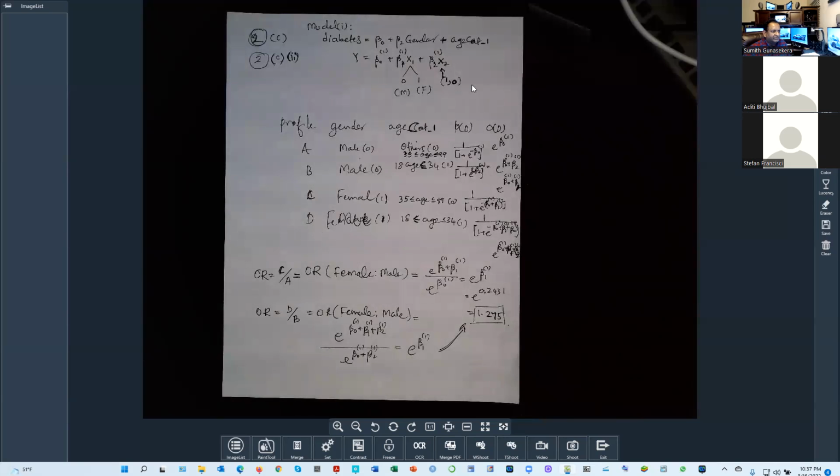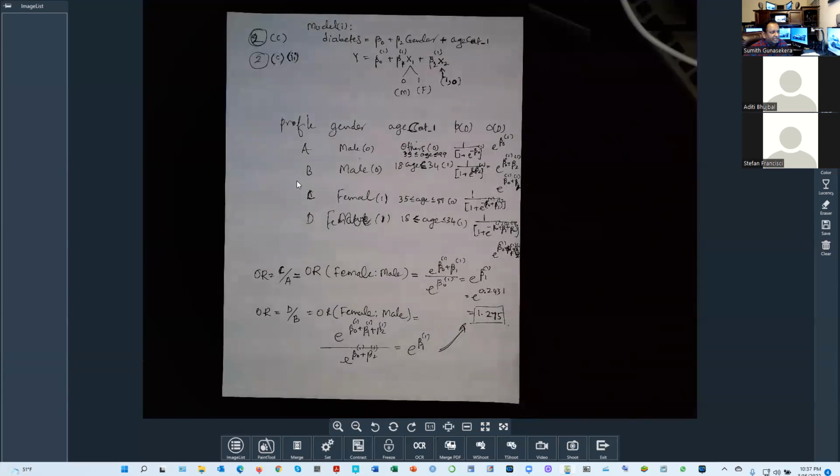This category goes from 18 to 34, then the others may be 35 all the way to 99. We get four options based on the 0, 1 combinations, and through the combination you can get that.